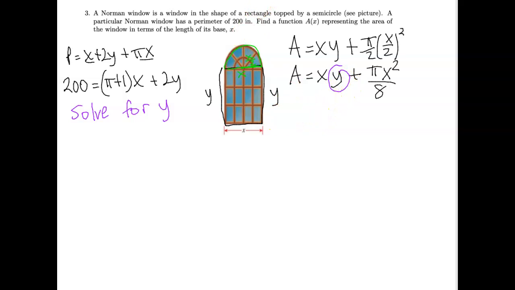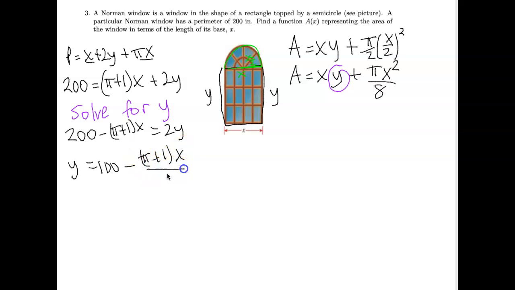Let's go ahead and solve for y. I'm going to start by subtracting pi plus 1 x from both sides. And then I can divide both sides by 2. So 200 divided by 2 is 100, and then minus pi plus 1 x divided by 2.